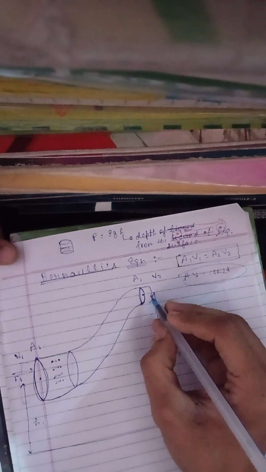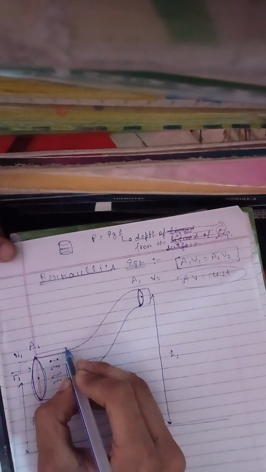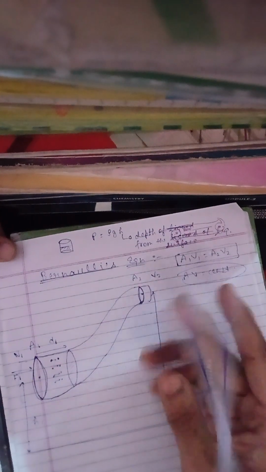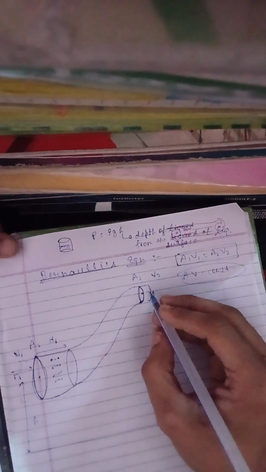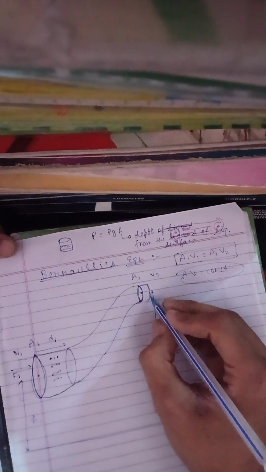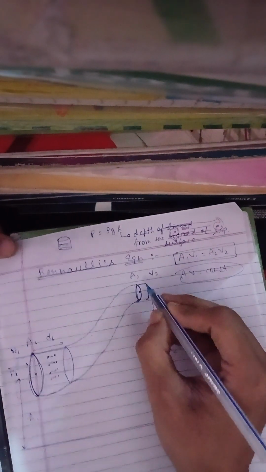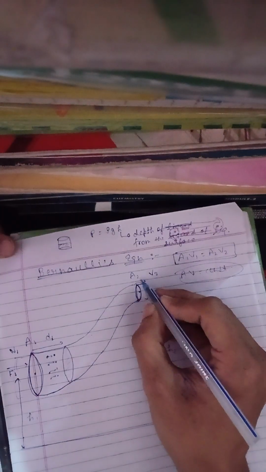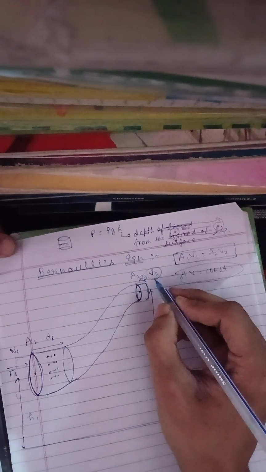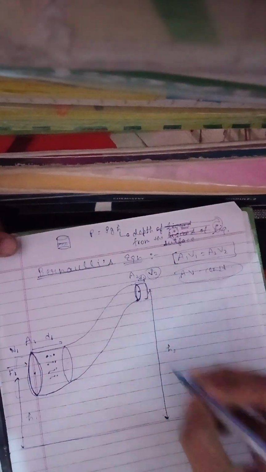Say this travel distance is d1, and then here the layer traveled d2 distance, with v2 the velocity at which the water molecules were coming out of this pipe.